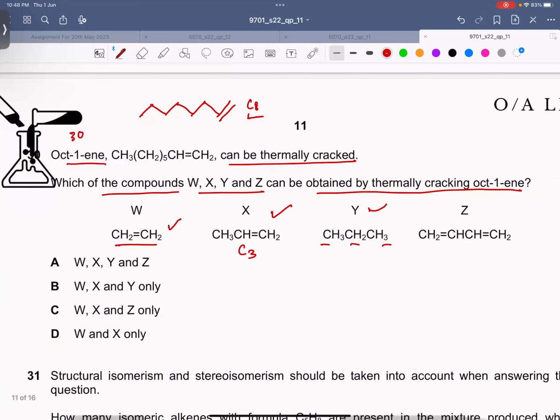And it has 4 carbons, so it can be a compound formed as a result of cracking because the parent molecule which is undergoing cracking has 8 carbons. So this makes B, C, and D go wrong, and A is our correct answer.